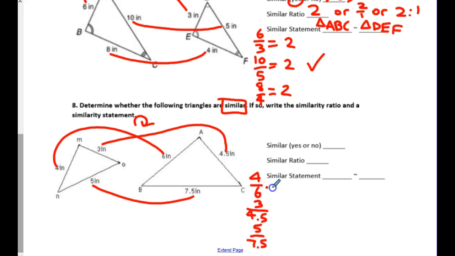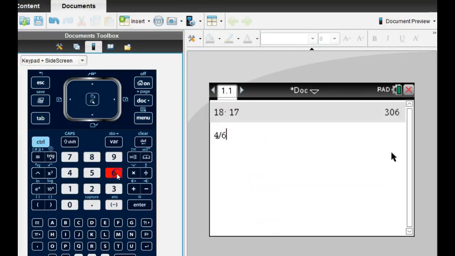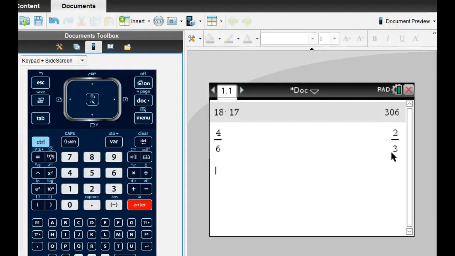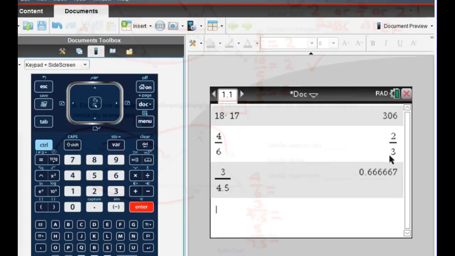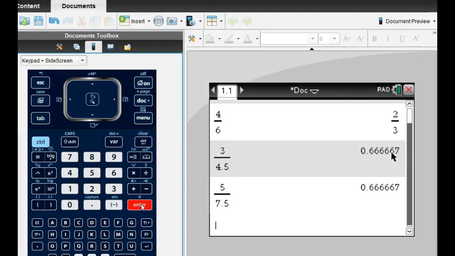Alright, so 4 over 6 is 2/3. 3 over 4.5 is 0.6 repeating, which is also equivalent to 2/3. 5 over 7.5 is 0.6 repeating, which is also 2/3.